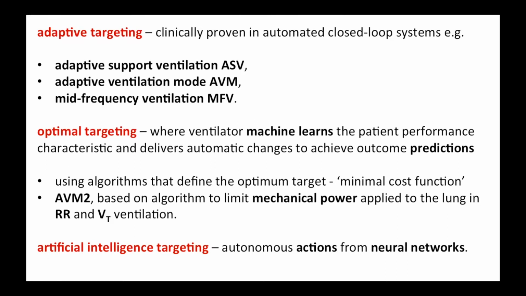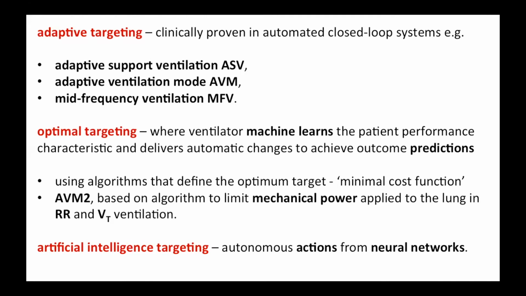And these really give us a sense of confidence that the ventilator is able to machine learn. It is able to identify certain characteristics in the patient respiratory cycle, which then allow us to target a little bit towards an optimal targeting.